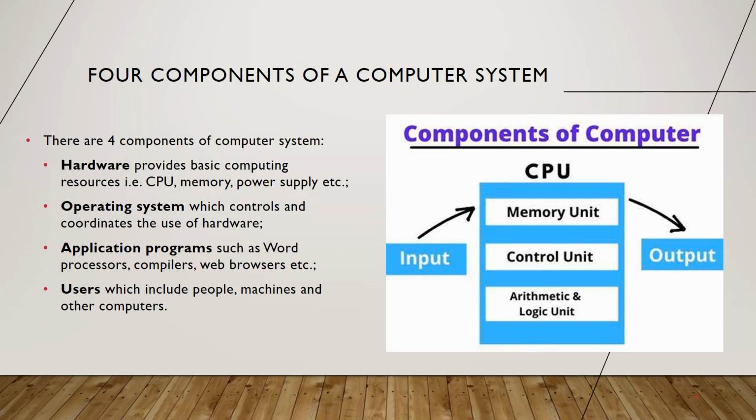We also have the operating system, which controls and coordinates the use of the hardware, which we have been talking about since the start of the tutorial. The other one is application programs such as word processors, compilers, web browsers, whatever is within the computer system that users mostly use. And then the users, the people, the machines, or other computers are considered main components of a computer.